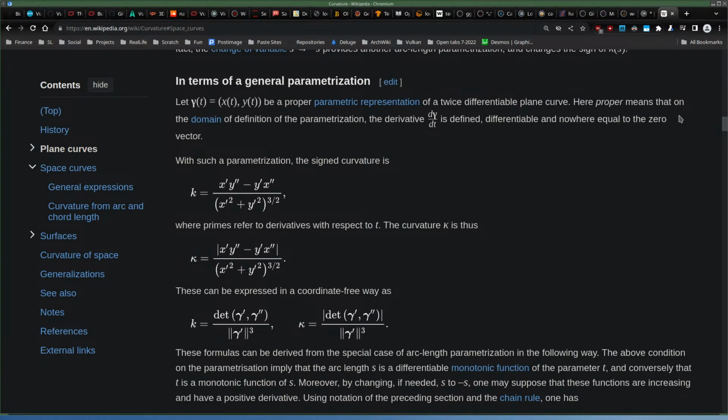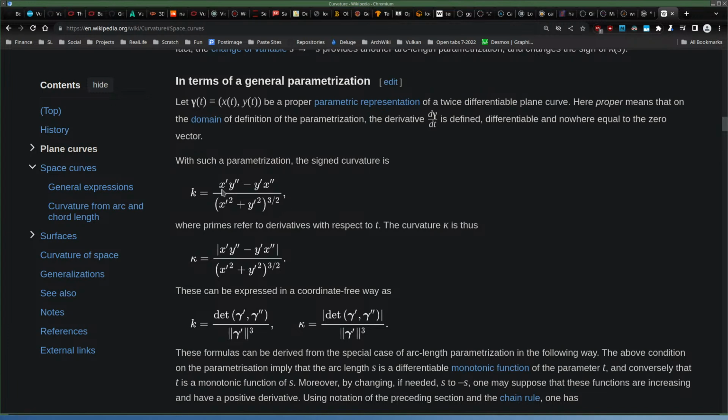Yeah, proper means that on the domain of definition of the parametrization, the derivative d gamma/dt is defined, differentiable and nowhere equal to the 0 vector. With such a parametrization, the signed curvature k is this to the power 3 divided by the square root times the power of 3.